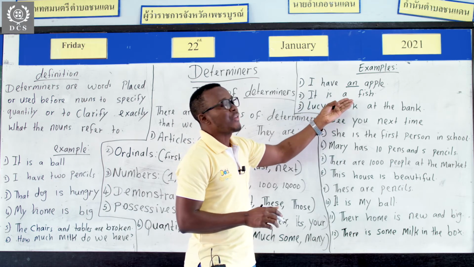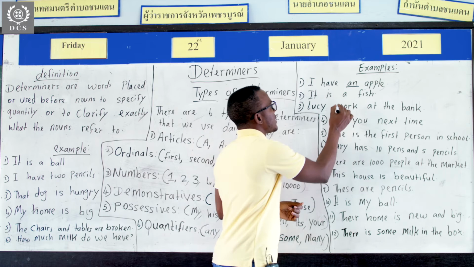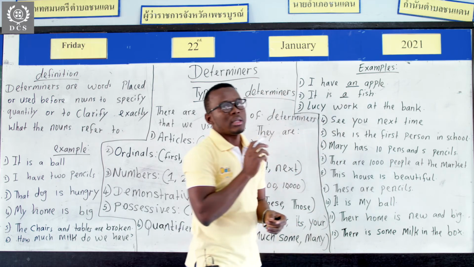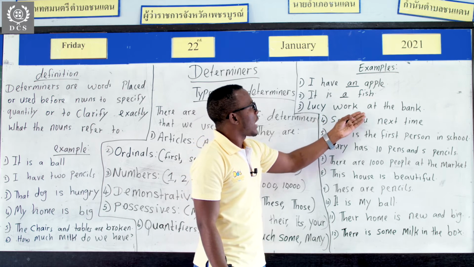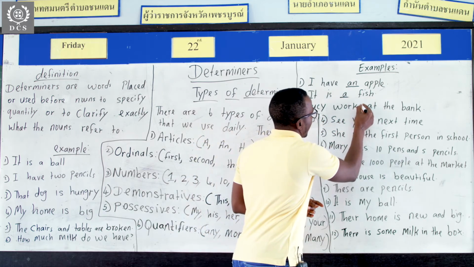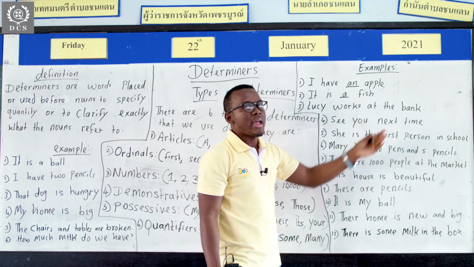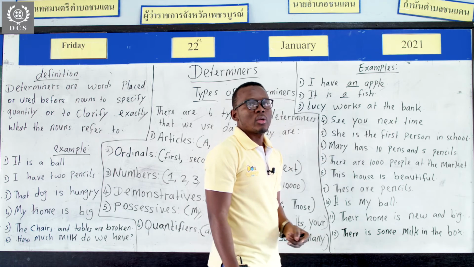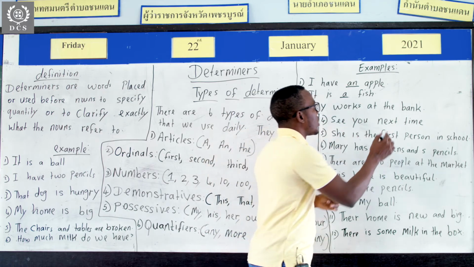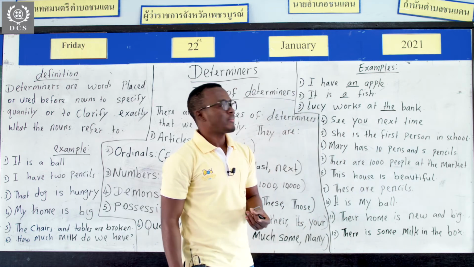It is a fish. So we can see this one is the determinant. Lucy works at the bank. So we can see here that this is the determinant.